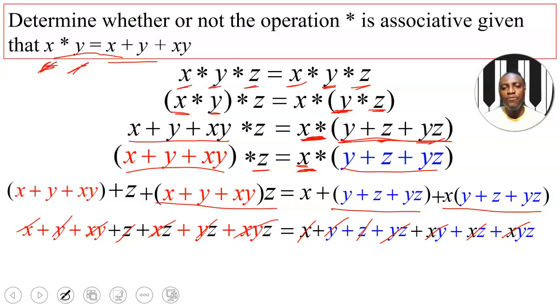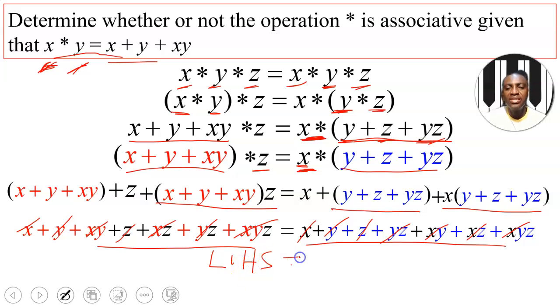So if I put a number in place of x, y, z and I simplify the left hand side, it will be the same as the right hand side. So since the left hand side is equal to the right hand side, the conclusion is that operation star is associative under this definition. I hope it makes sense.